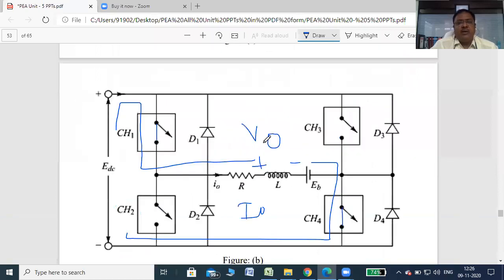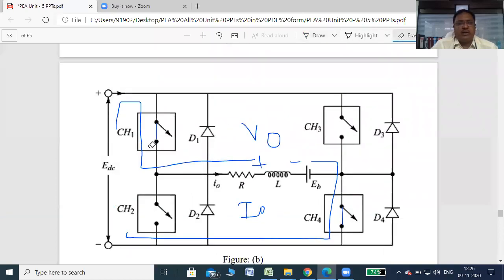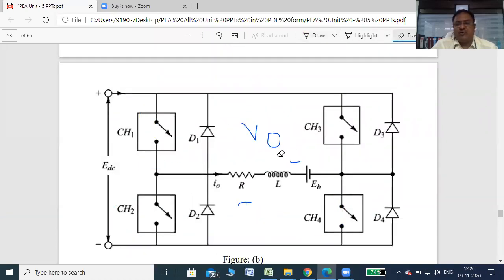Then when CH1 and CH4 turn off, what happens? When these are on, the inductor stores the energy with this polarity, but as soon as CH1 and CH4 turn off, the polarity across the stored charge gets reversed as shown in the figure. Because of that, diode D2 becomes forward biased and diode D3 also becomes forward biased.